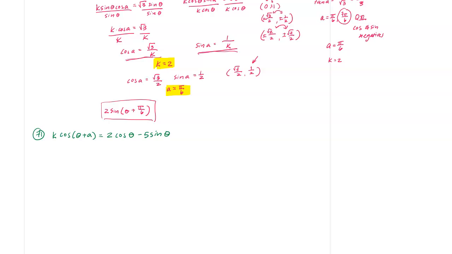Once again, I'm going to use k cosine of theta cosine of A minus, oh, I forgot to distribute the k, k sine of theta sine of A equals 2 cosine of theta minus 5 sine of theta.